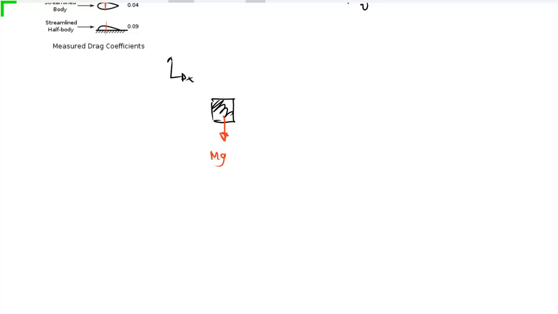Giving a sign convention here, the sum of forces in the y direction will be equal to negative mg, which will be equal to mass times acceleration in the y. And so we can see here, the acceleration in the y direction will be equal to negative g. And then it'll speed up, right? And as it's speeding up, the drag force is getting bigger and bigger. This would be when the initial velocity in the y direction is equal to 0.